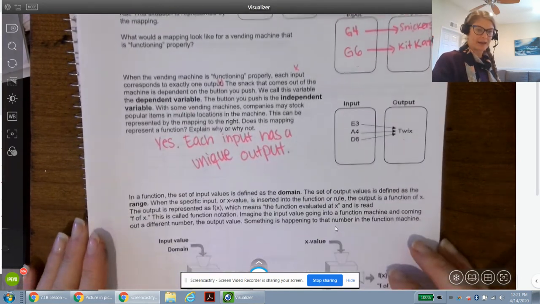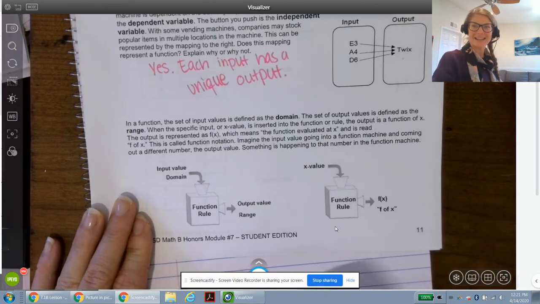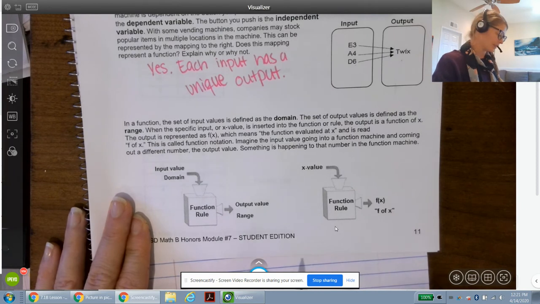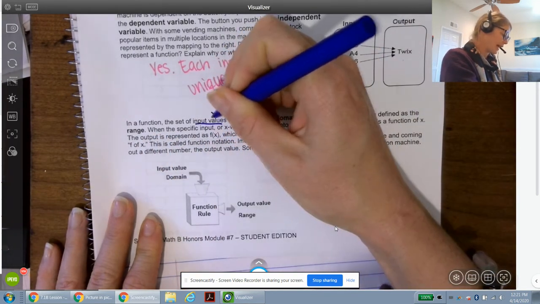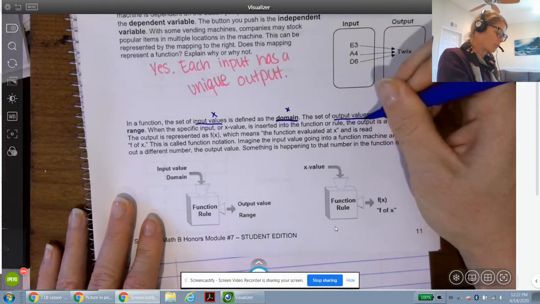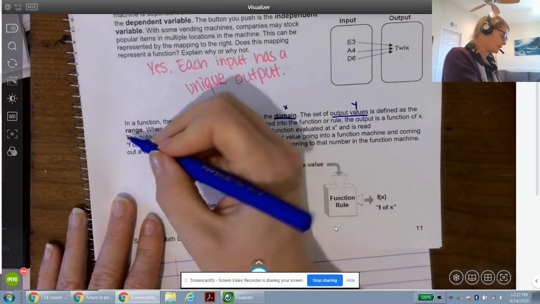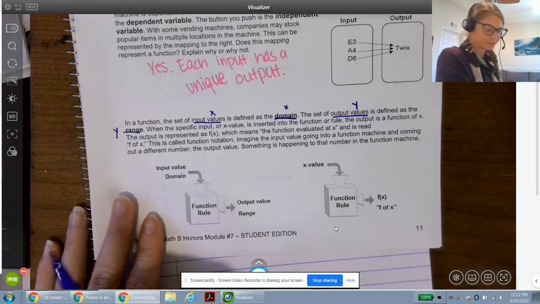So let's take a look at what the next part tells us about. We're going to get into that range and domain words. Okay, in a function, the set of input values, X, is defined as the domain. The set of output values, Y, is defined as the range. So more words that mean the same word.